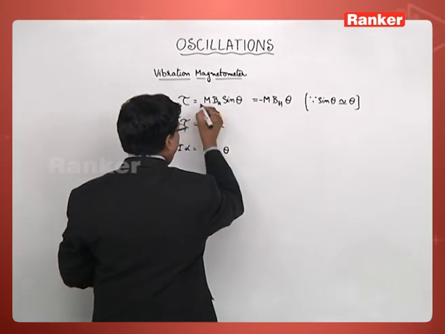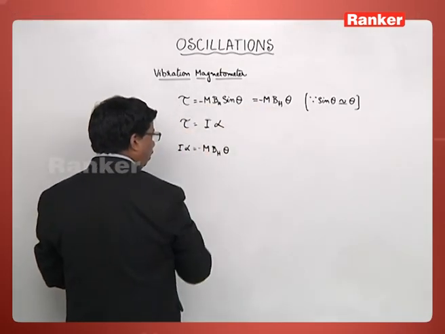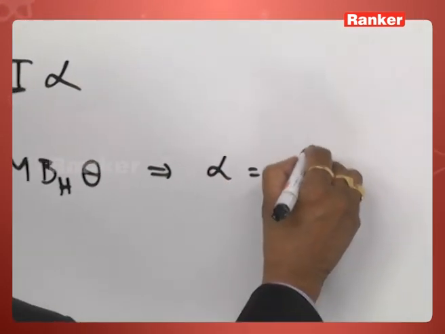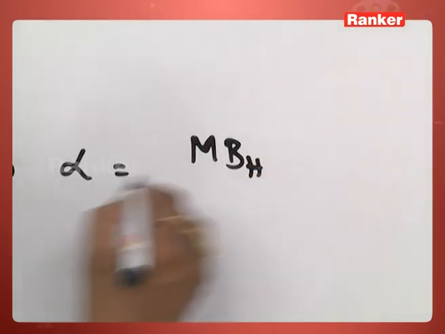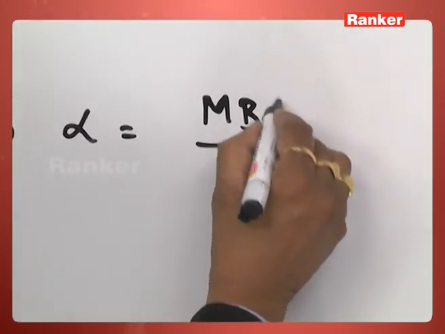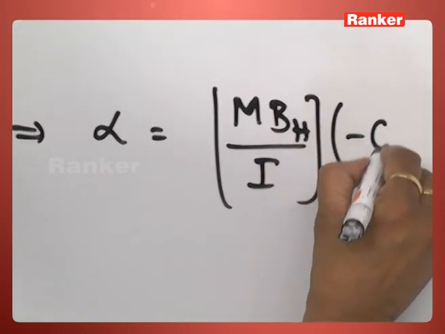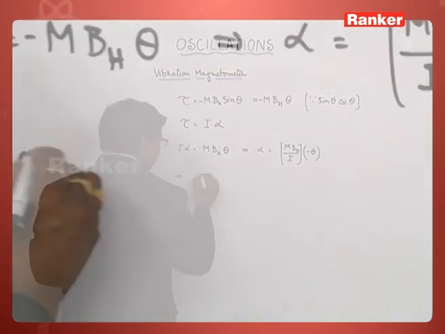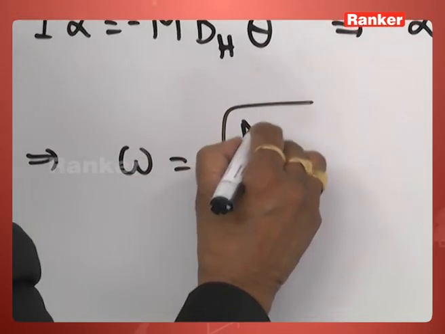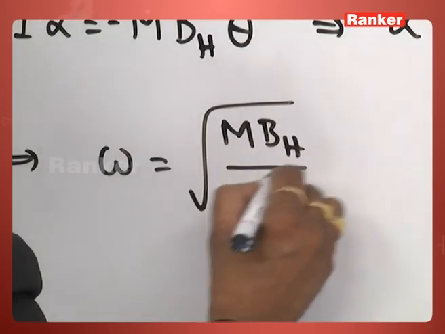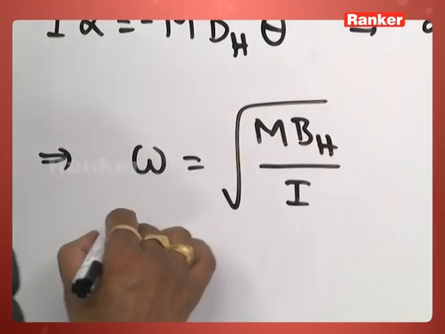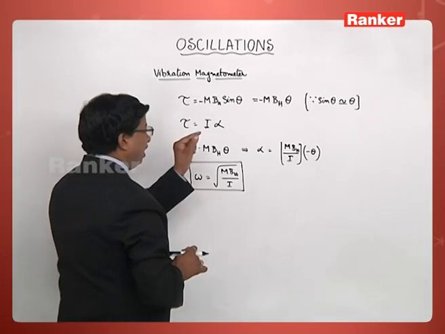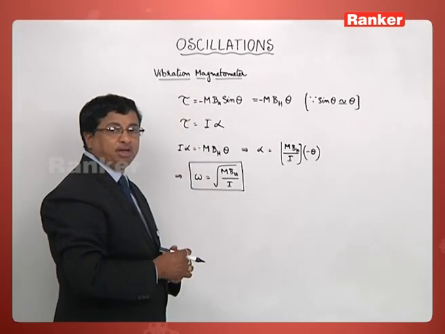Since this is restoring torque, we put a negative sign before, and therefrom I can write that alpha is equal to M BH by I into minus theta. This directly gives you that omega is equal to under root M BH by I. So this is the angular frequency of the oscillating magnet in the case of a vibration magnetometer.